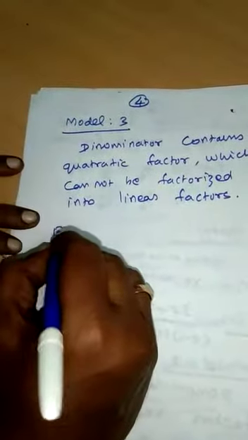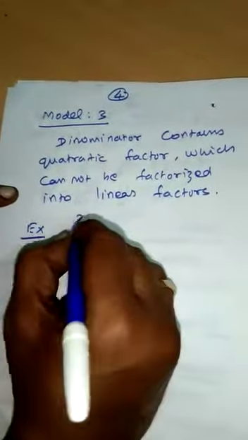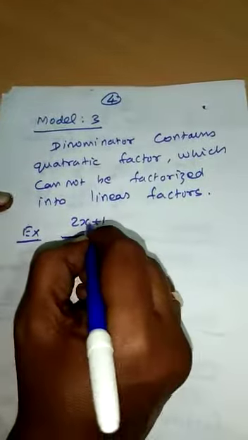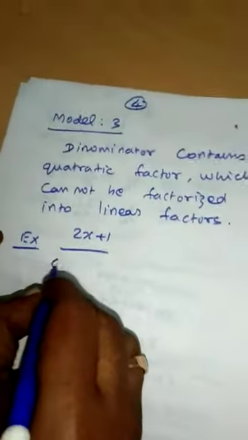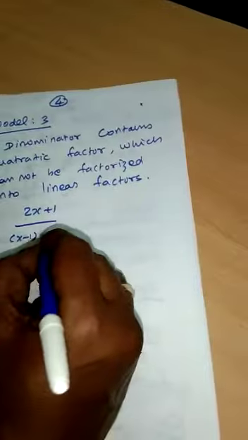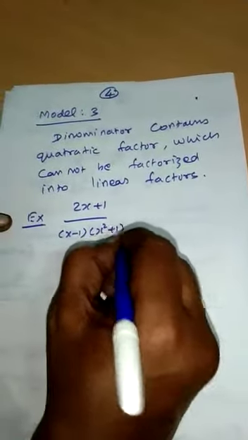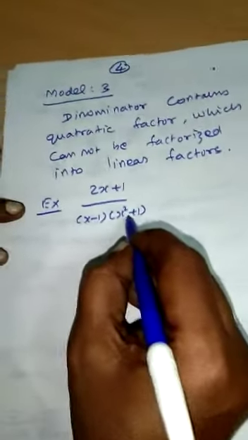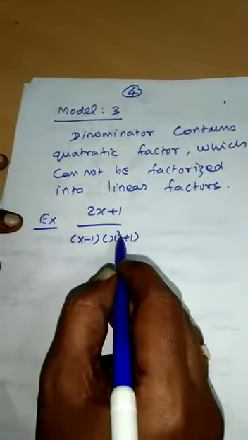Example: 2x plus 1 is p of x. x minus 1 into x squared plus 1. It is not linear, it is a quadratic factor which cannot be factorized.